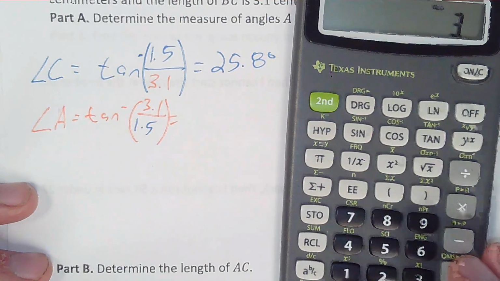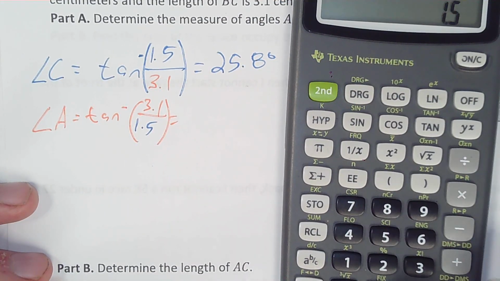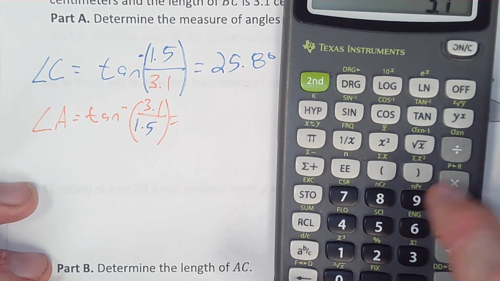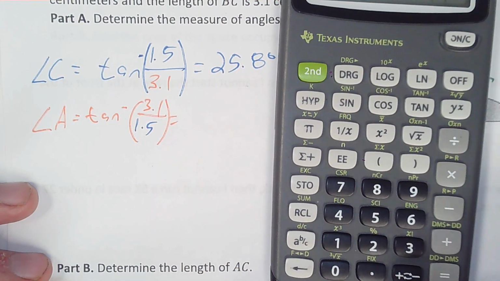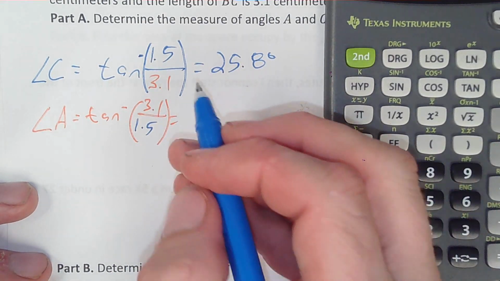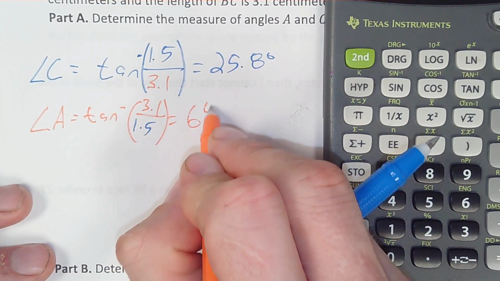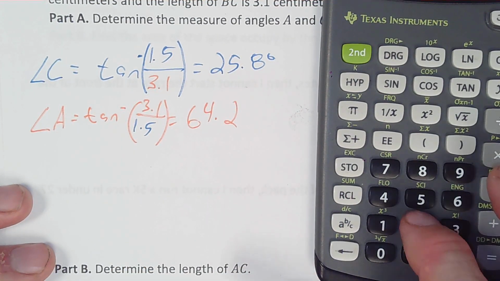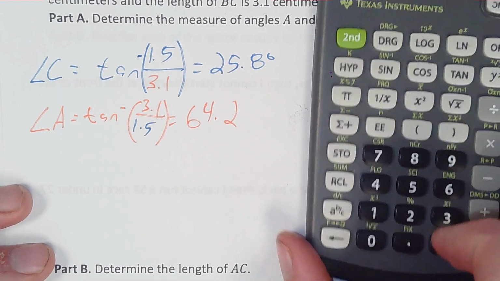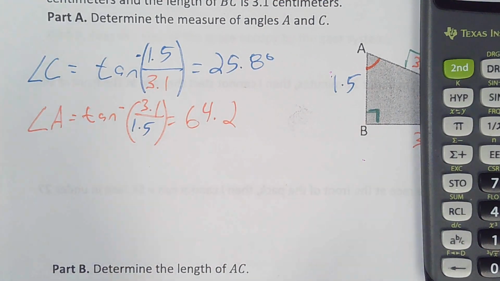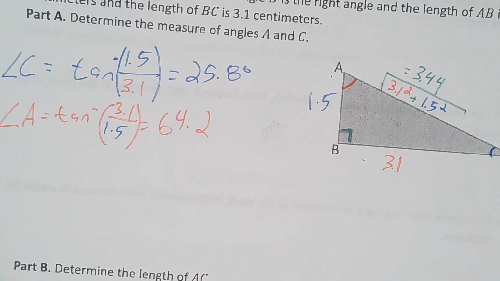And you do 3.1 divided by 1.5 equals, and you take the arctangent of that, and it's 64.2. If you take 64.2 and add it to the 25.8, you get 90 degrees. And there you go, that's everything for 68. All right.